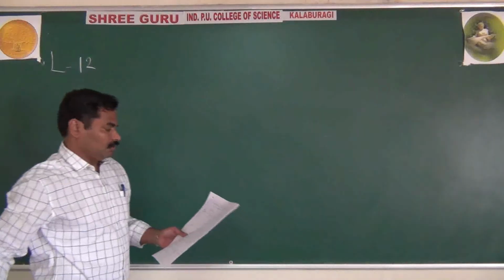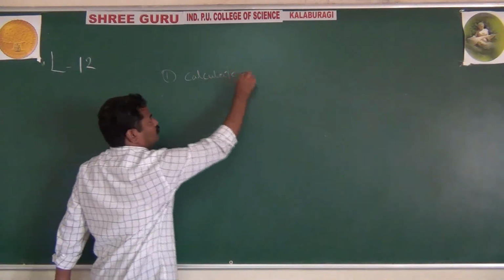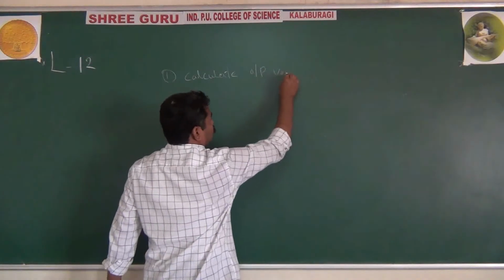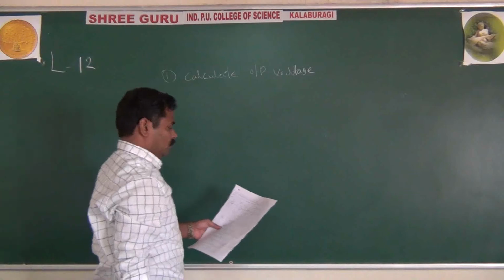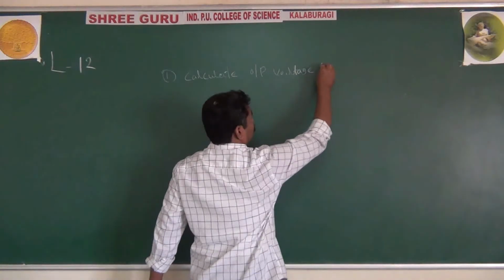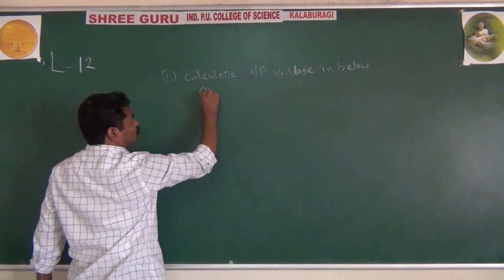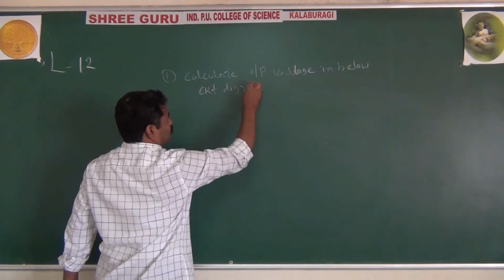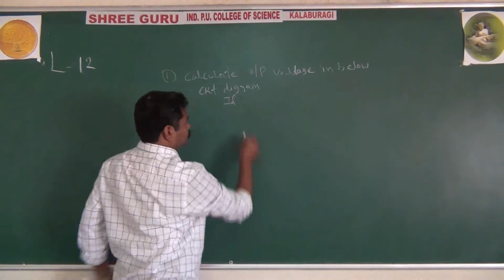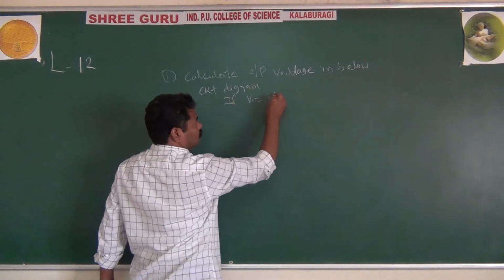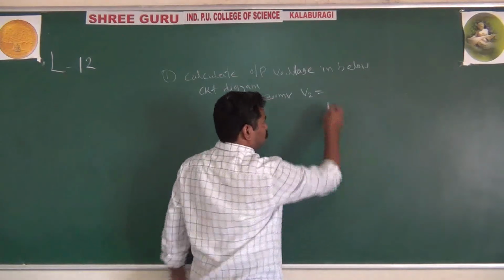Problem number 1: calculate the output voltage in the below circuit diagram, given the condition V1 equal to 300 millivolts and V2 equal to 700 millivolts, they are given the inputs.